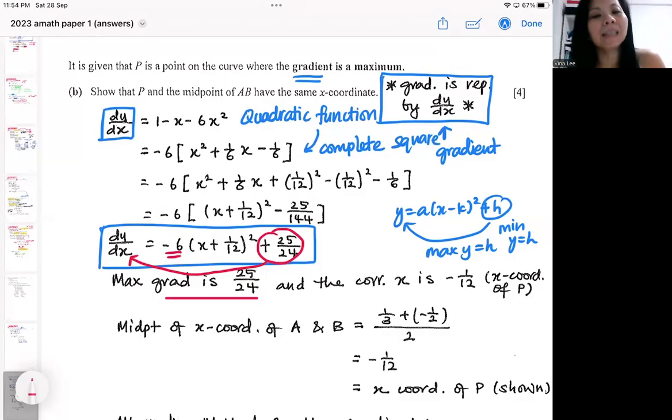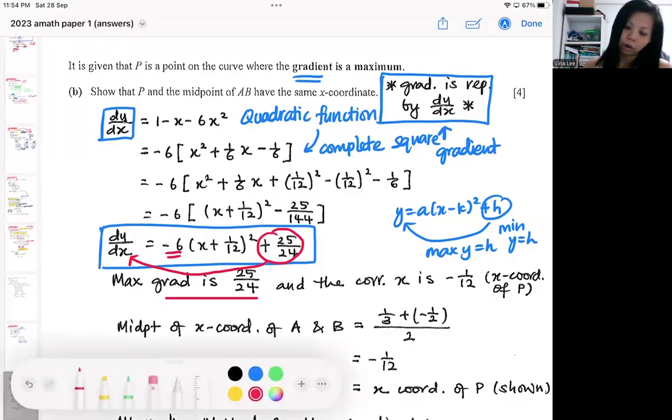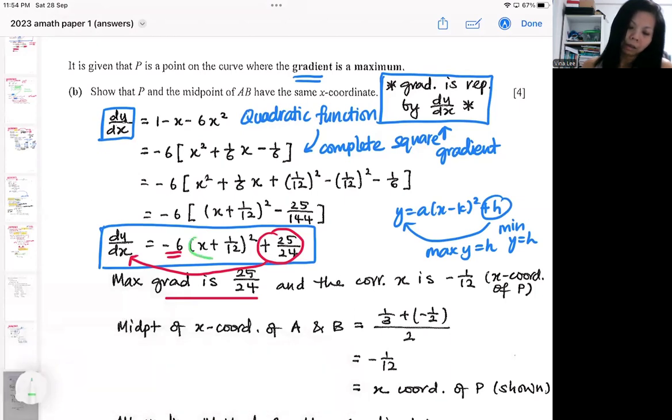So the maximum value is applicable to gradient because your complete square is meant for gradient. And you can also find the corresponding x coordinate. The corresponding x coordinate usually is done by setting, you can imagine you set this to 0, and that's how you get x equal to -1/12.